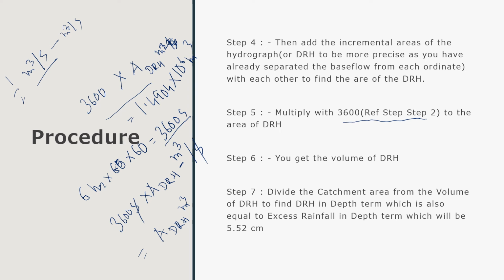So it is generally meter cube per second. And the moment you multiply 3600 second with this area represented by meter cube per second, the second deducts out, only meter cube remains. This is the reason why the unit of the area under DRH is represented by meter cube, not by meter square.